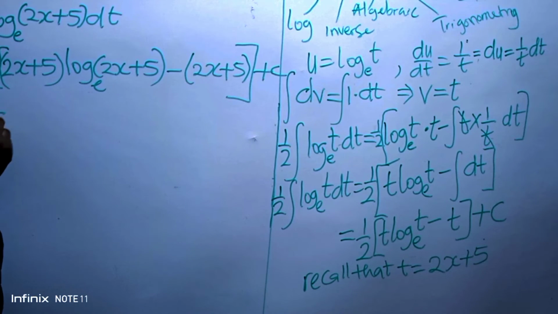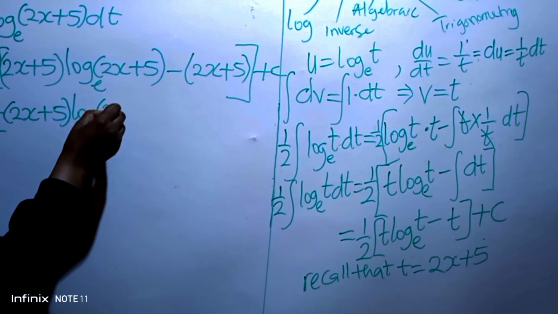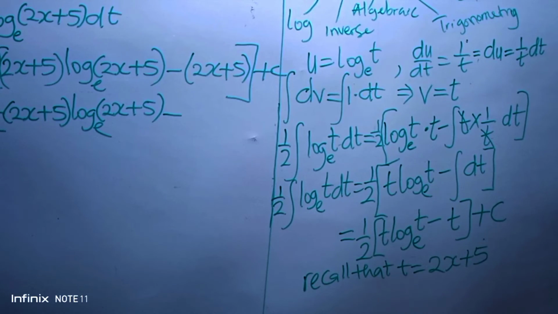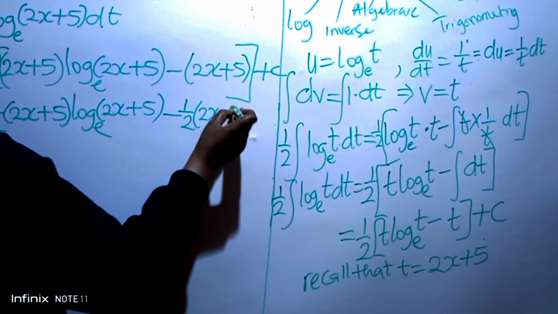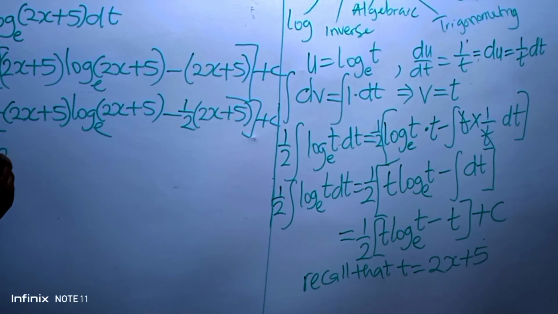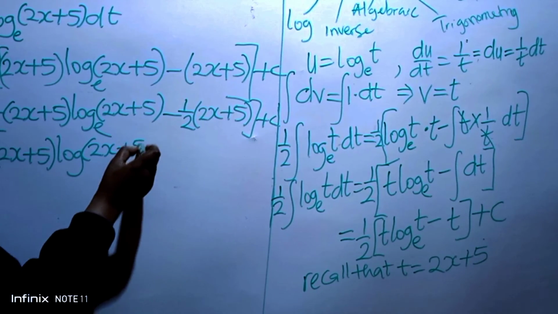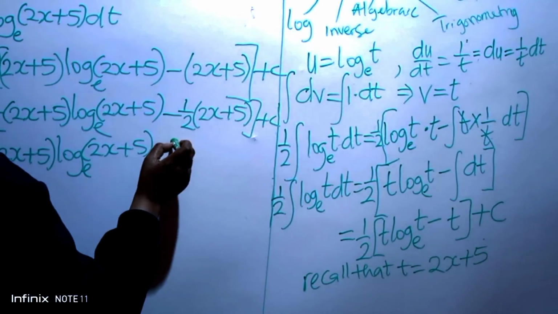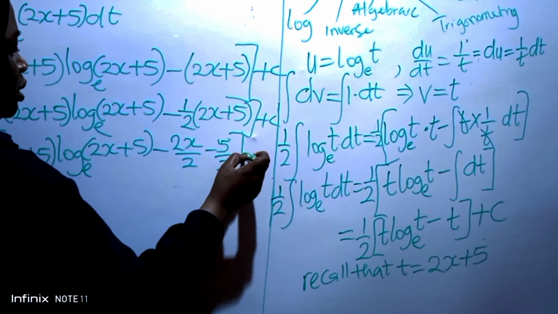Now we can simplify this. Expanding it, we have 1 over 2 (2x + 5) log(2x + 5) base e, then minus, using the 1 over 2 to multiply this side as well, 1 over 2 into bracket (2x + 5), plus c. Expanding, minus 1 over 2 multiplied by (2x + 5) gives minus 2x over 2, minus 5 over 2, plus c.